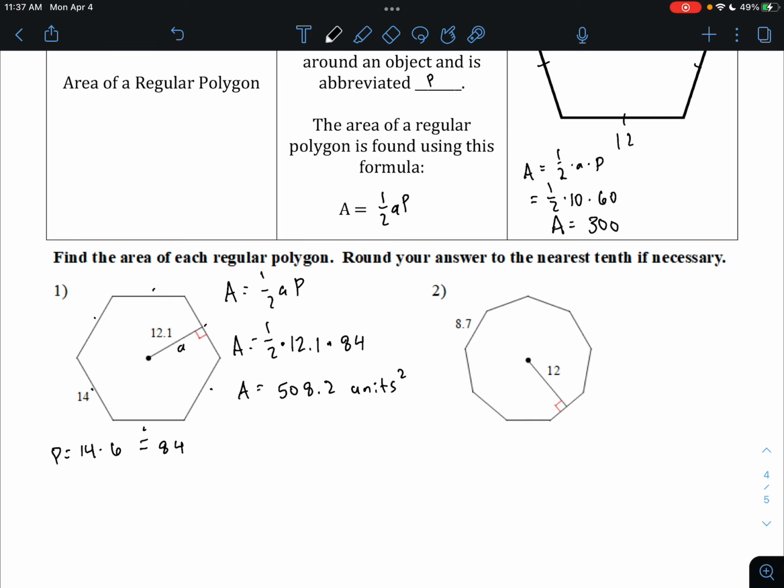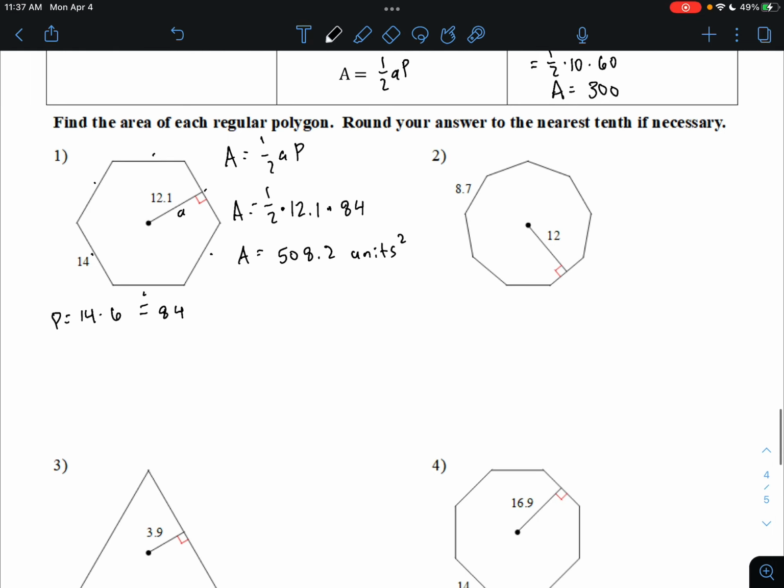Let's do one more, and then actually y'all try this one. Try number 2, pause the video, and then check it when you're done. So perimeter, we could find that first if we want. We know that perimeter is 1, 2, 3, 4, 5, 6, 7, 8, 9 times 8.7, and that gives us 78.3.